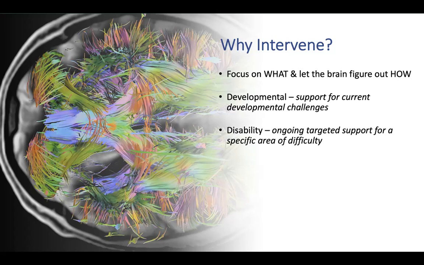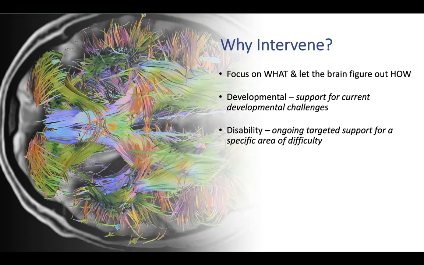Another type of intervention is focused on a disability. So it might be some kind of targeted support provided for this specific difficulty. A child who has mobility problems may need a lot more focused work on mobility. And what that means at different times across their lifespan may change.